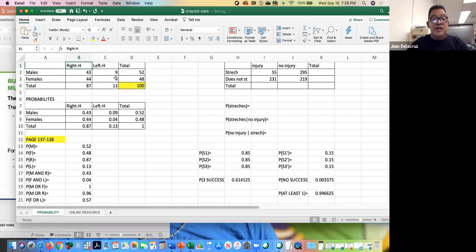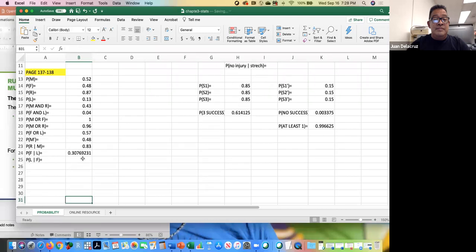So this is the left-handed women and this is the number of women. So we are gonna divide 4 by the number of women, right? So those are the results.